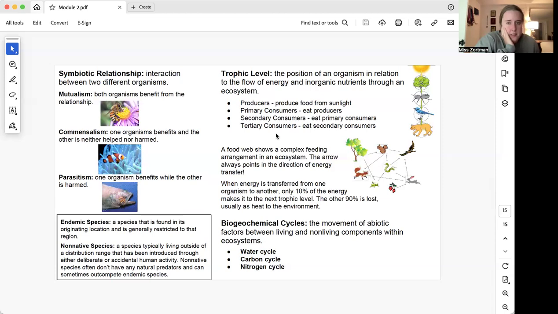Anything that's not a plant or animal is considered abiotic. So rain, rocks, actual water on the ground, soil, any of that would be considered non-living. Let me know if you need further clarification on that.